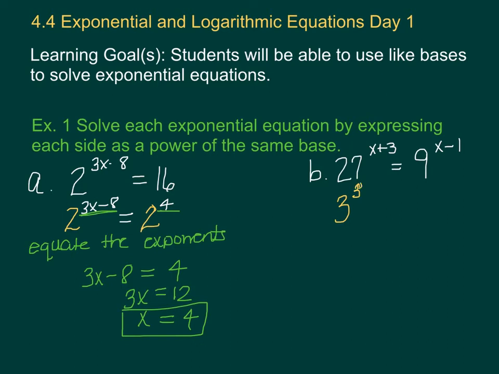And what you're going to do is the exponent that was already there, you'll just multiply it by that power. And then 9 is 3 to the second. Same thing, you're going to take that 2 and multiply by your exponent. And then you're going to equate the exponents.